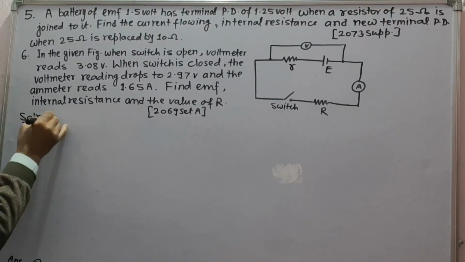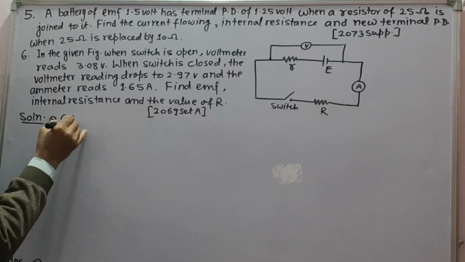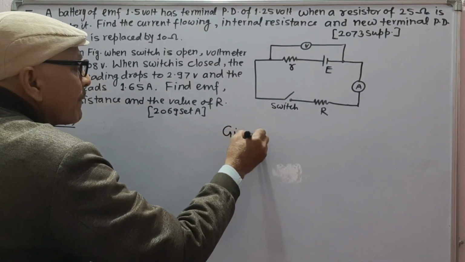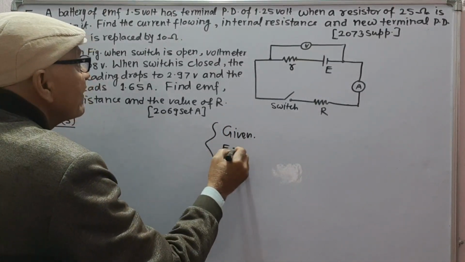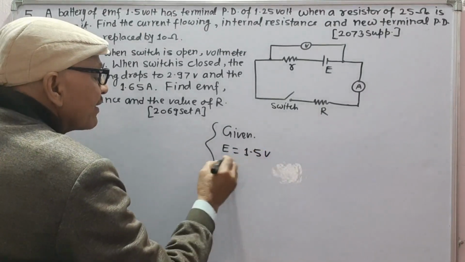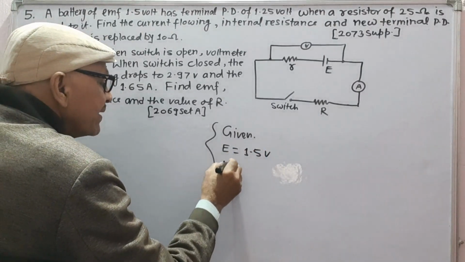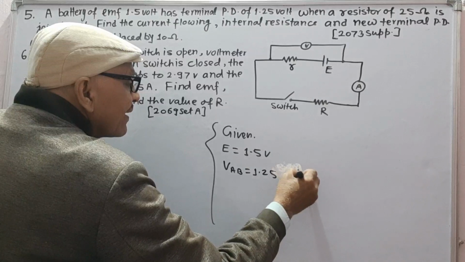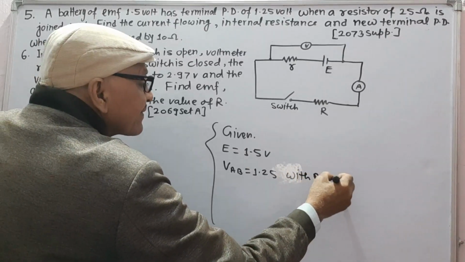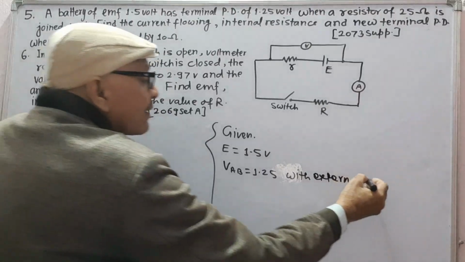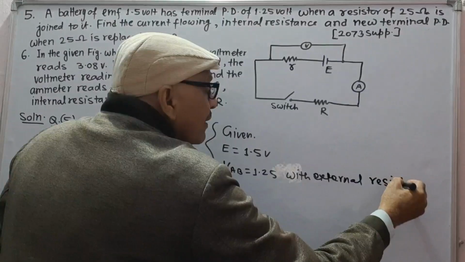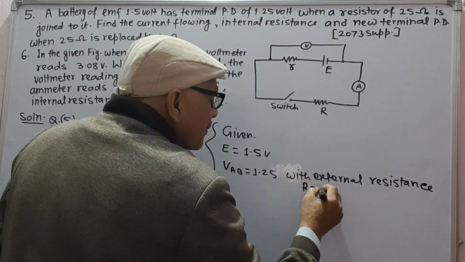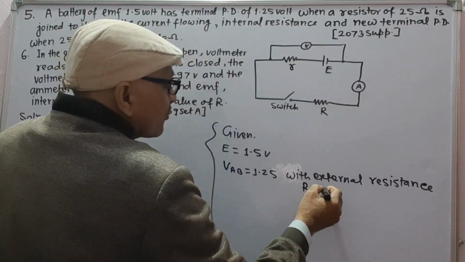Solution to question 5. Given, E is equal to 1.5 volt, VAB is equal to 1.25 volt with external resistance R is equal to 25 ohms.